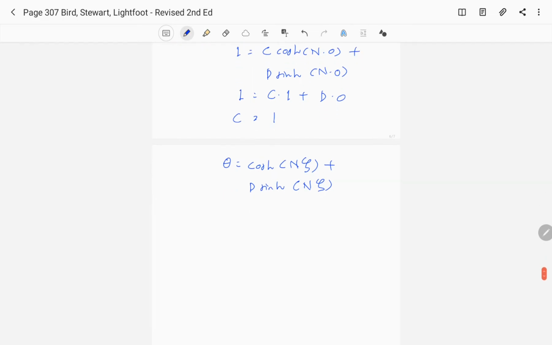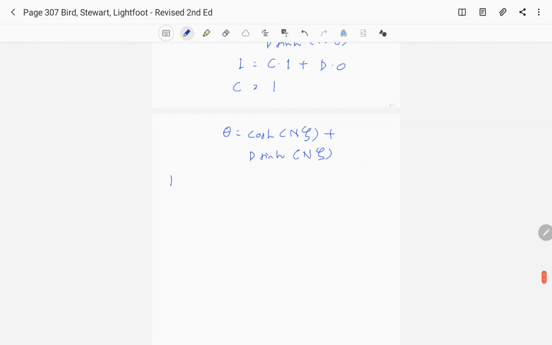Okay, and BC2, at the dimensionless distance of 1, the derivative of the theta with respect to the distance will be equal to 0.